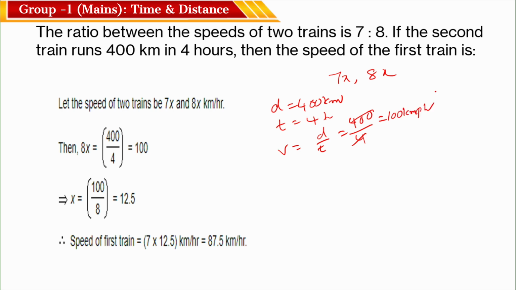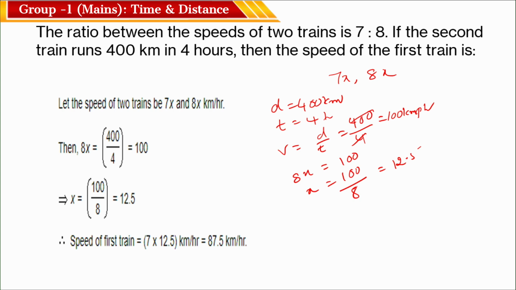This is the speed of the train, but the given information is that it is 7x and 8x, because they are in the ratio 7:8. So, we can say 8x is equal to 100 kilometers per hour, or x is equal to 100 by 8, correct. So, 100 by 8: 8 12s are 96, 8 5s are 40, means it is 12.5. What is x here?